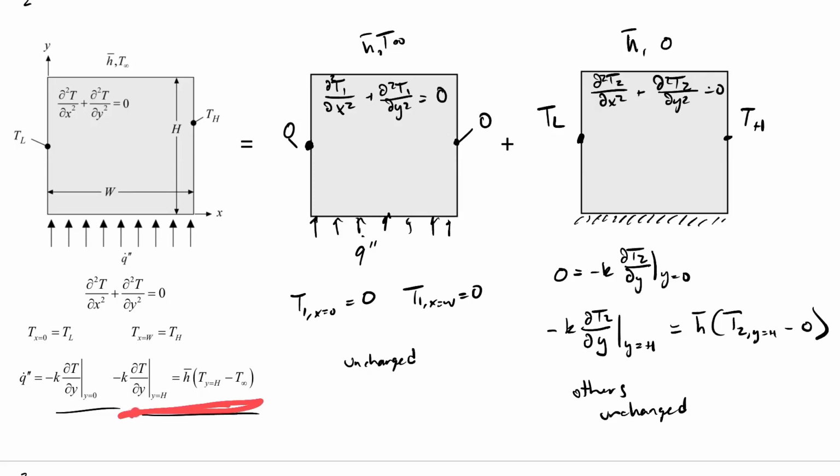Mathematically, it's valid even if T infinity is really, really small, like close to 0. This is a cryogenic application or something and it's 0.2 Kelvin, right? This is still a valid boundary condition because we're saying the conduction has to be equal to h bar times that temperature difference, whatever it is. Mathematically, it's okay to say that this T infinity is 0; it doesn't change the nature of the equation, right?